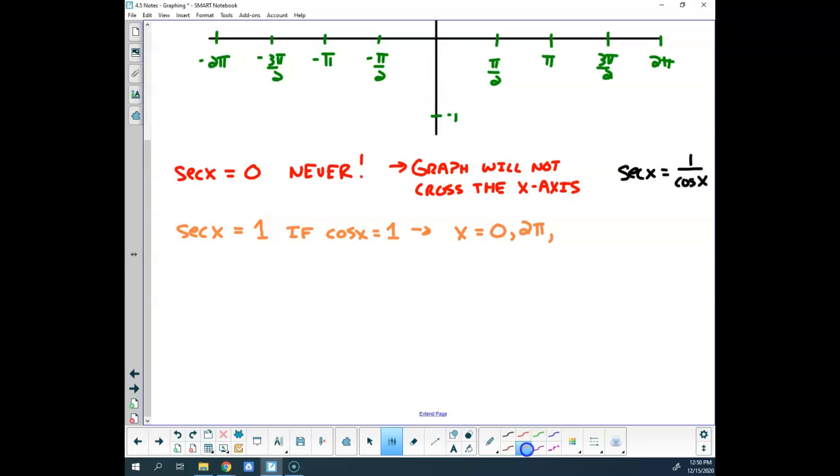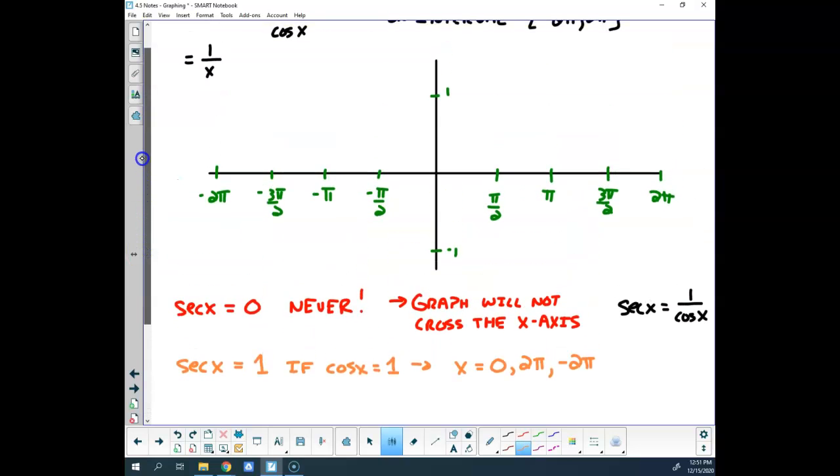Negative 2 pi, I'm guessing then? Anywhere else? Nope, nowhere else. Okay. Put 0, or equal to 1. That's 2 pi, or equal to 1. And that's negative 2 pi. Or equal to 1. Okay.